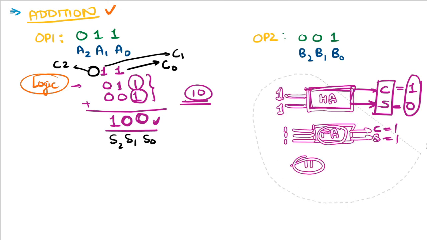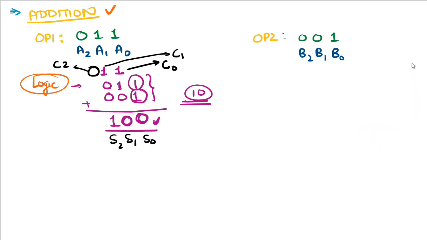Let's suppose we have many half adders and full adders, and we want to implement this addition. What we can do is take A0, this one.